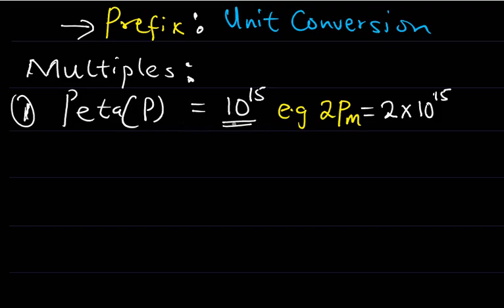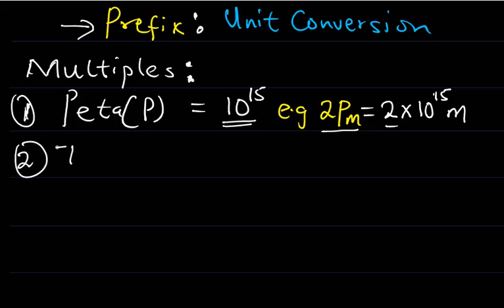That is the multiples. So for multiples we multiply, and for submultiples we divide. Let's say you are given 2 petameter. To convert to meter, all you need to do is multiply the 2 times 10 raised to the power 15 meters.